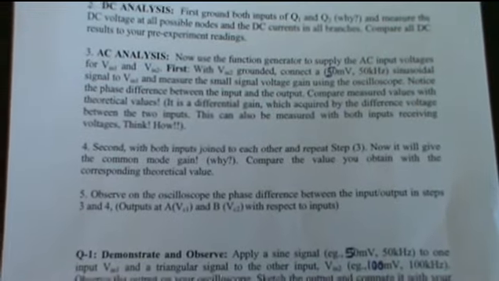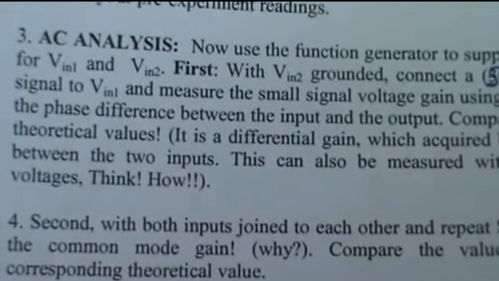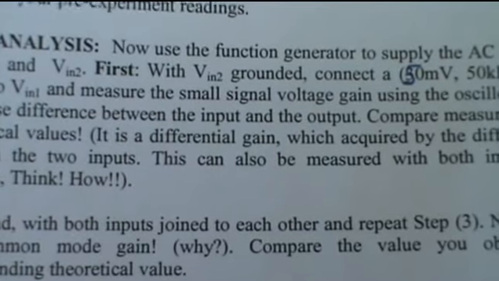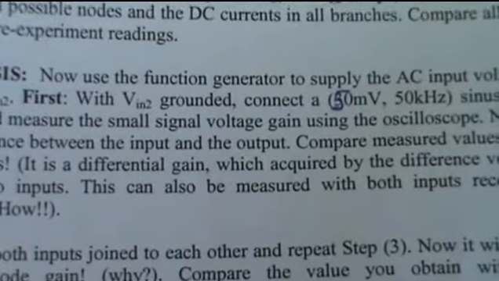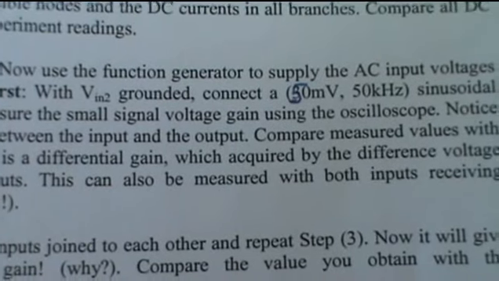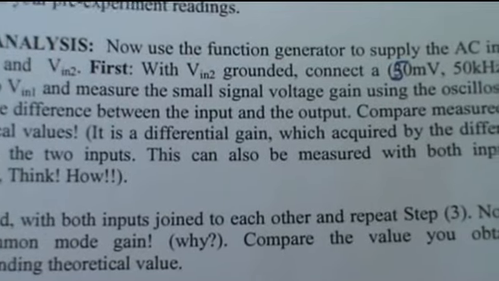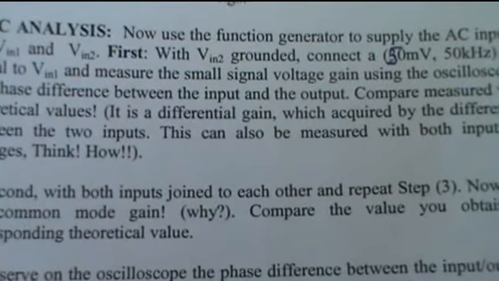In AC analysis, we will apply the AC signal at VIN1 or VIN2. In the first phase, we will apply the AC input signal to the transistor 1 base input, and the transistor 2 base input will be grounded, and we will observe the output on the oscilloscope and compare the phase difference between input and output.